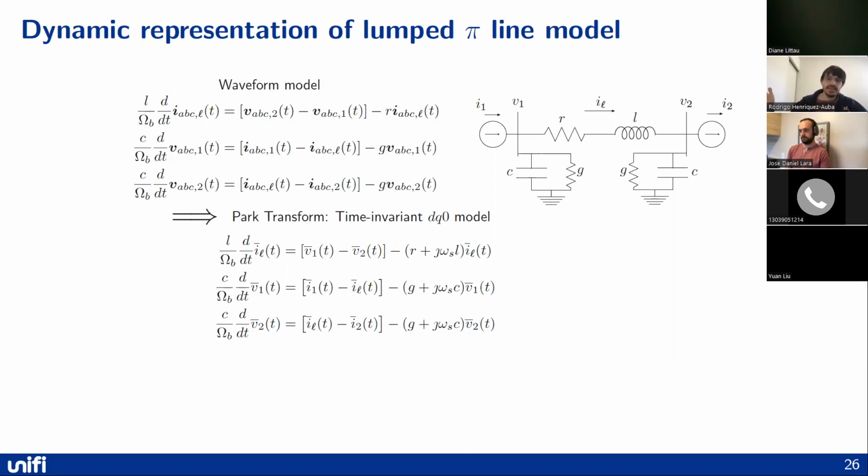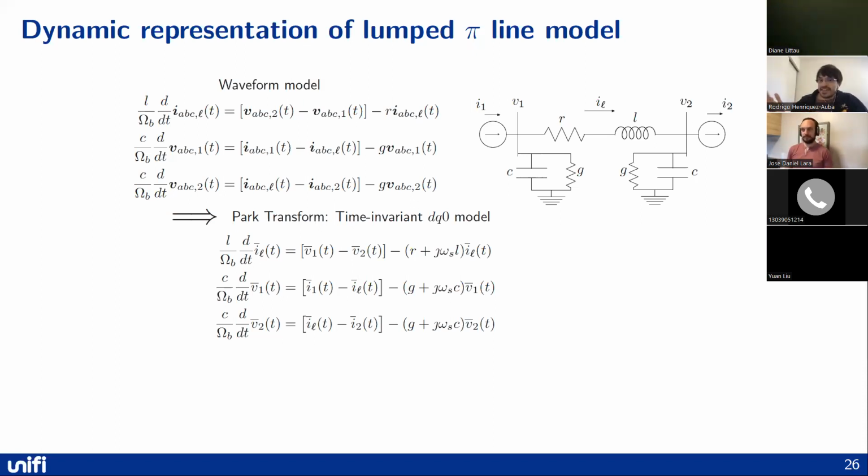In addition, if the currents I1 and I2 are properly transformed, representing this DQ reference frame, then the system of equations will end up being time invariant. Here, I'm assuming that these signals do not have harmonics. So if you do the Park transform, you end up with a time invariant system of equations.